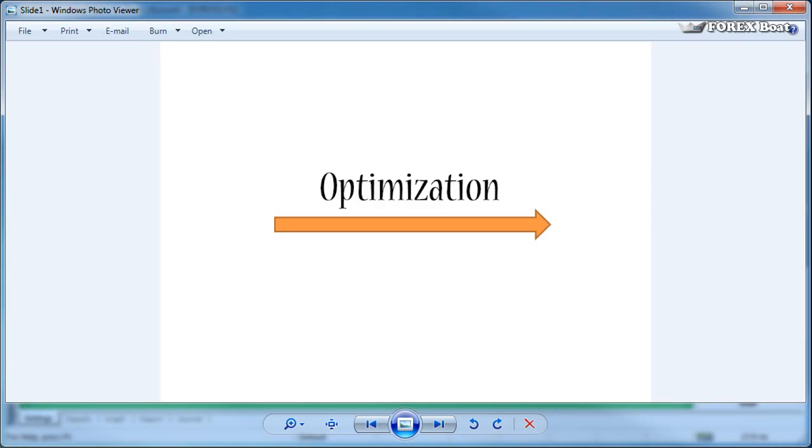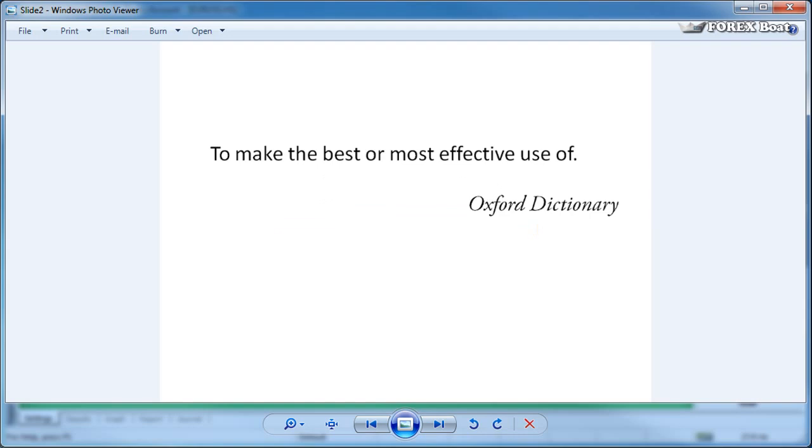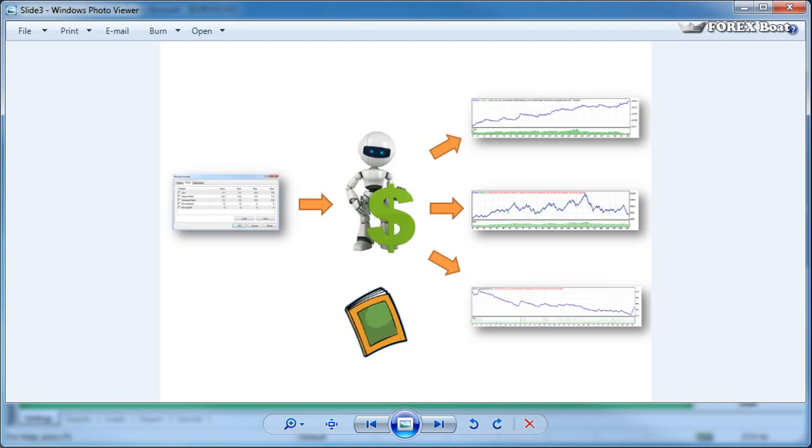So what is optimization? According to the Oxford Dictionary, to optimize means to make the best or most effective use of. What does that mean for us when we're using algorithmic trading systems on the Forex market? Well, as you can recall from tutorial number 4, every Forex robot comes with a set of parameters that you're able to change in order to adjust the behavior of the Forex robot on the Forex market.